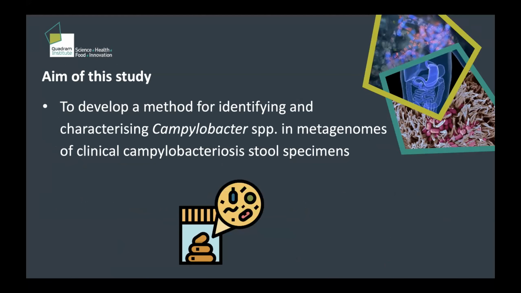The goal of this work is to improve the approach for identifying Campylobacter species in stool metagenomes. Therefore, the testing was performed on Campylobacter infected individuals. And for this reason, we have partnered up with the regional gastroenteric diagnostic lab to investigate how direct sequencing can be applied in characterizing Campylobacter genomes.